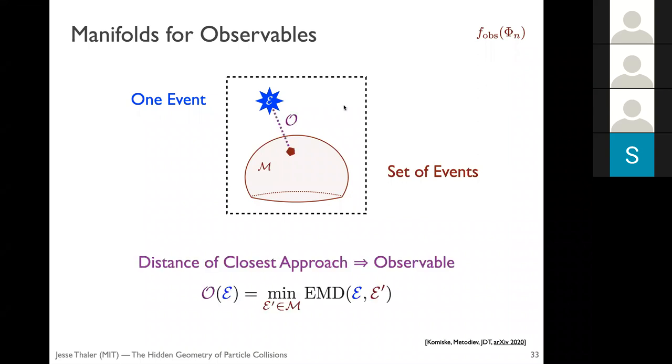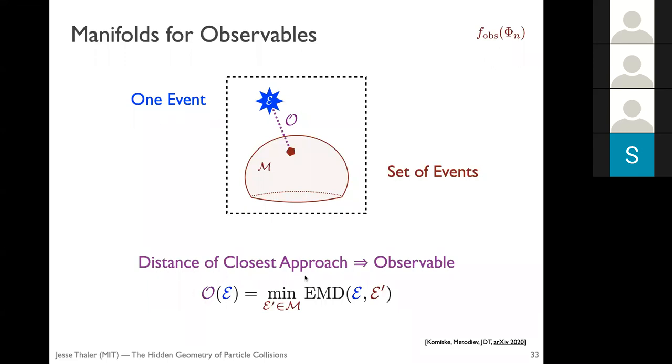And the distance of closest approach between an event and a manifold is one way of defining an observable. An observable takes in one event and gives back a number. Here, I want to look at the energy mover's distance between all possible configurations that live on that manifold, and ask what is that distance of closest approach? And that is one way of defining an observable.